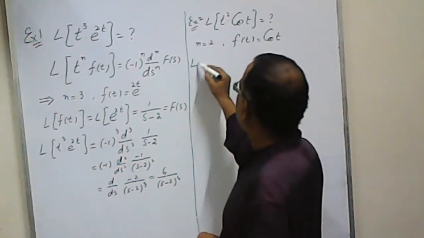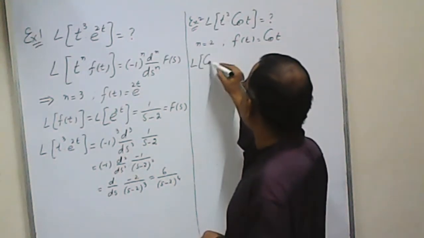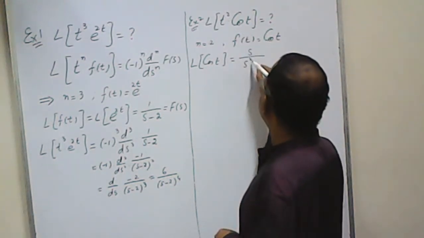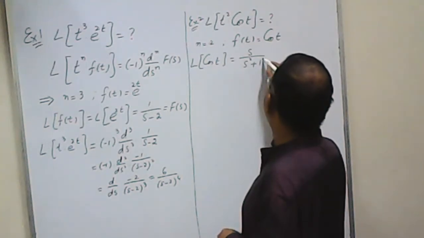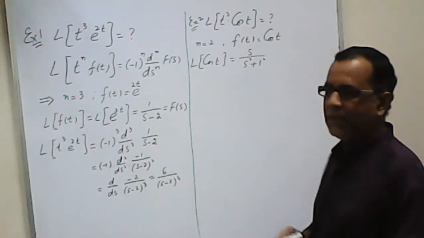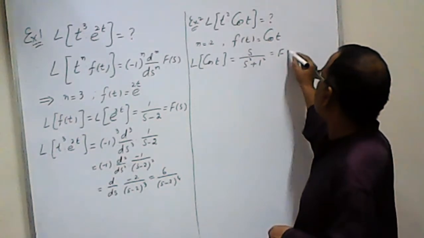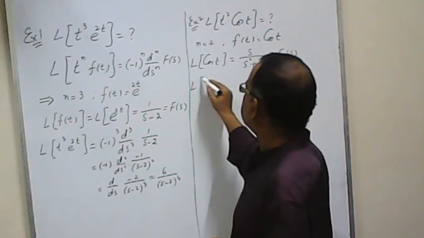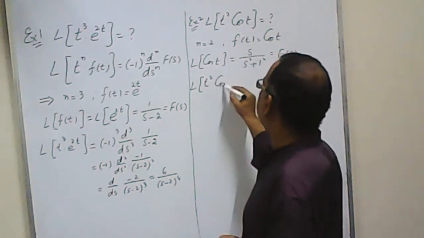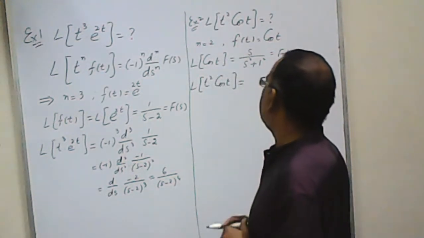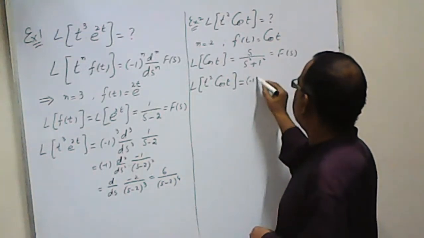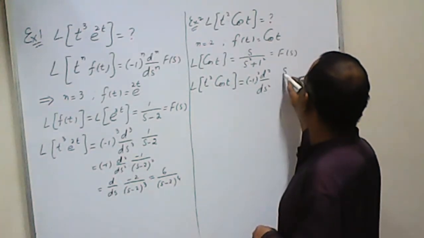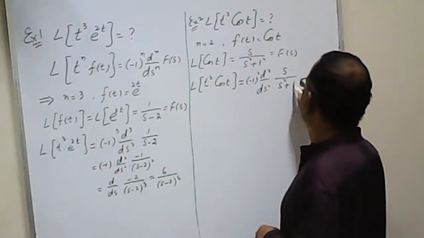So now the Laplace of cos t will be equal to s over s square plus 1, and this becomes function of s. Now we can apply the formula, that is Laplace of t square into cos t will be equal to minus 1 power 2 d2 over ds square of s over s square plus 1.